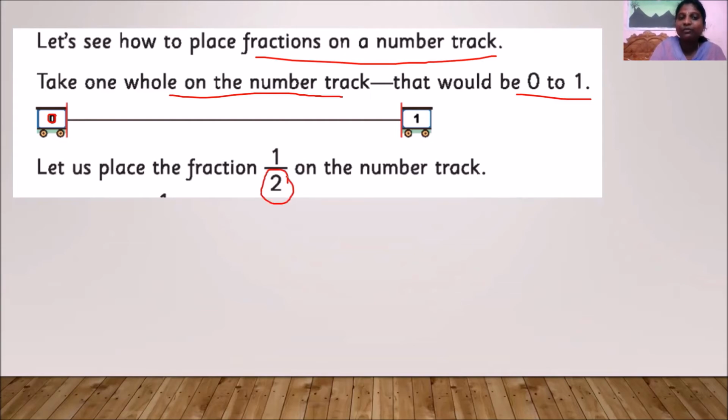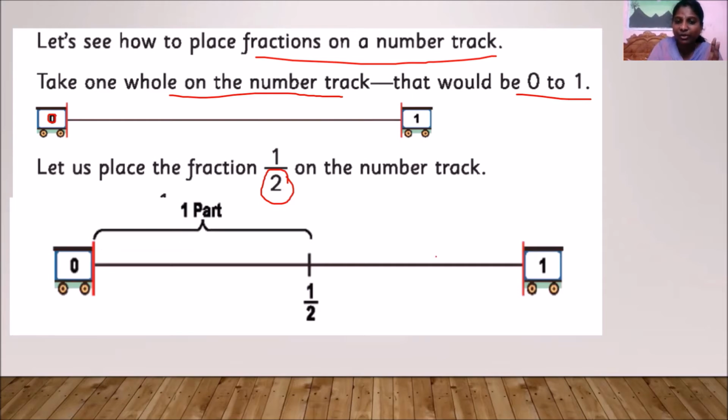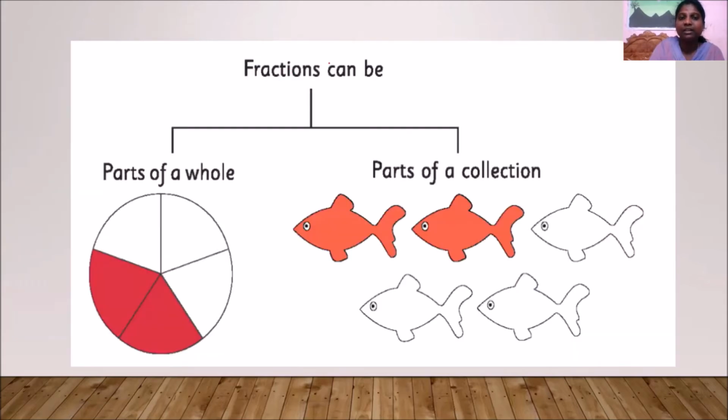That means we have to divide 0 to 1 into 2 equal parts. See here, from 0 to 1, we have to divide into 2 equal parts. The first part we have to write 1/2. You have to write 1/2 in the middle.